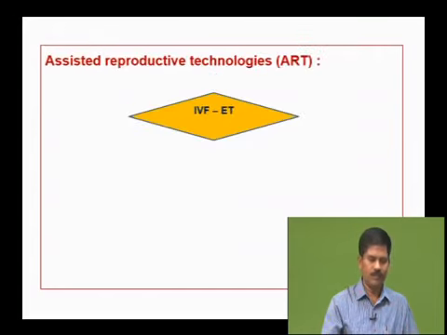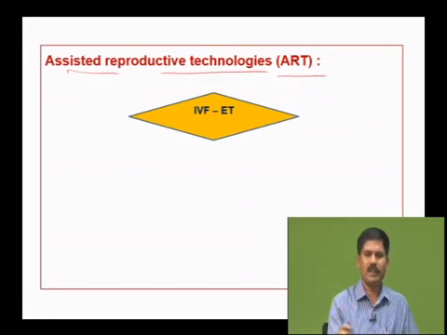Then there are methods to assist these infertile couples to have children. The methods which are used to assist infertile couples to have children are said to be assisted reproductive technologies, abbreviated as ARTs.